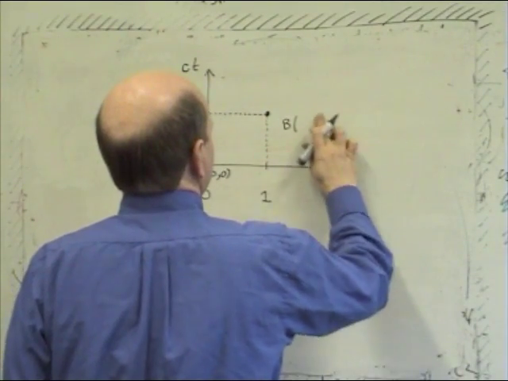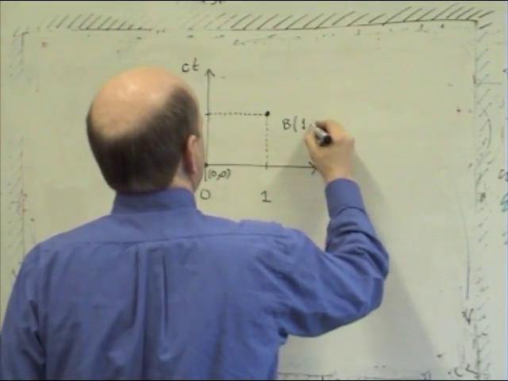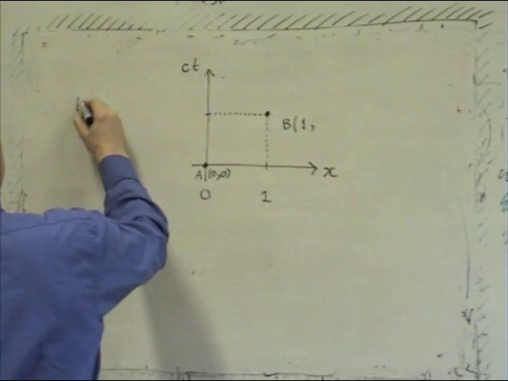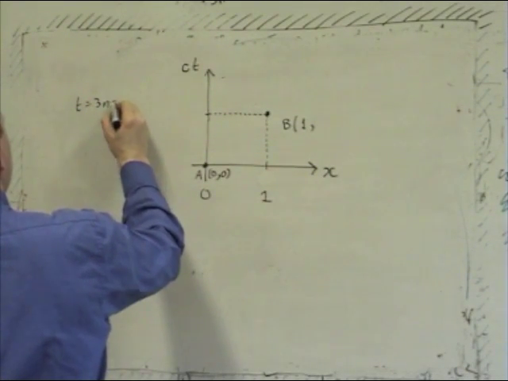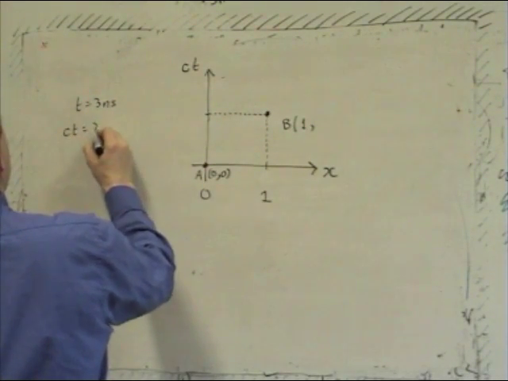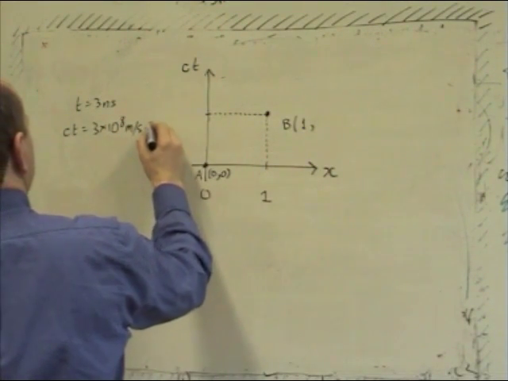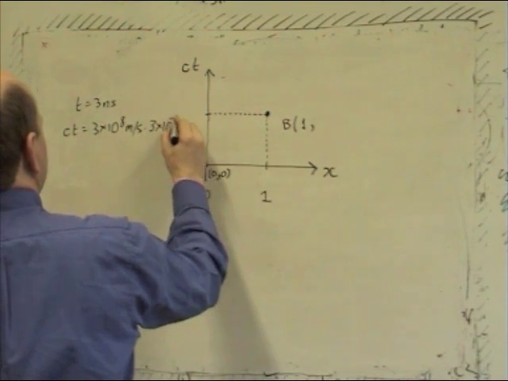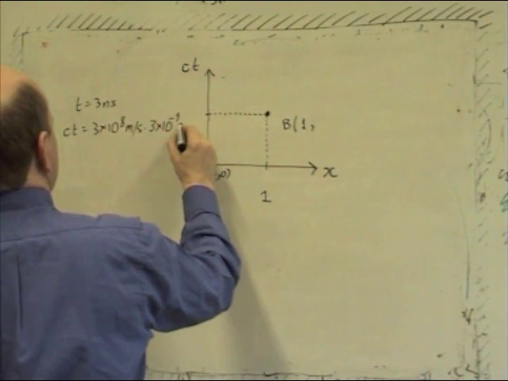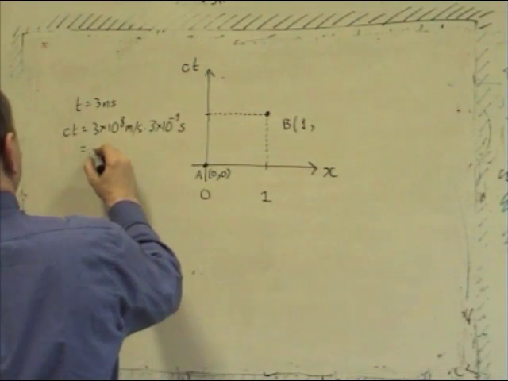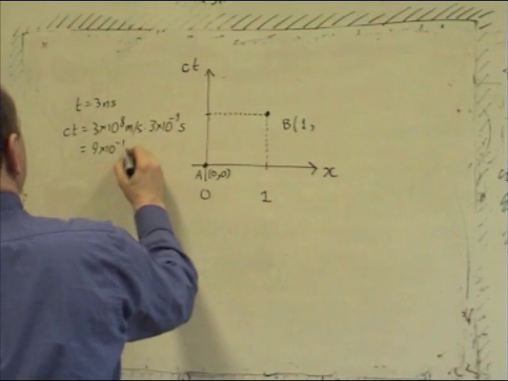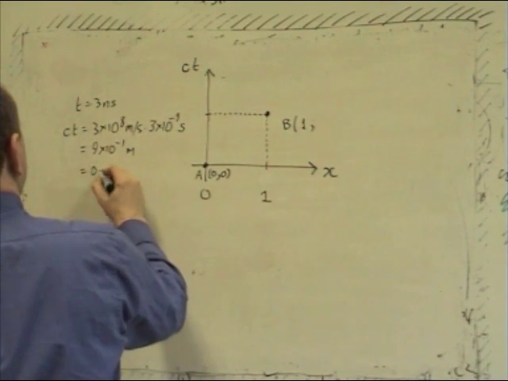it's at a position of 1, so X is 1, and CT, if T equals 3 nanoseconds, then CT equals 3 times 10 to the 8 meters per second times 3 times 10 to the minus 9 seconds, and that equals 9 times 10 to the minus 1 meters, or 0.9 meters.